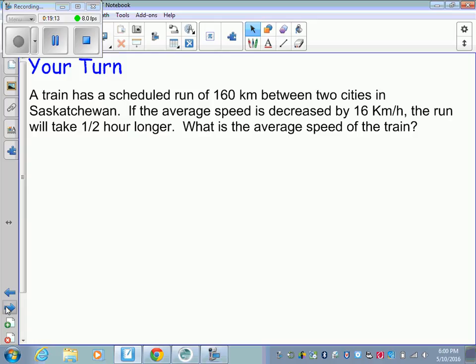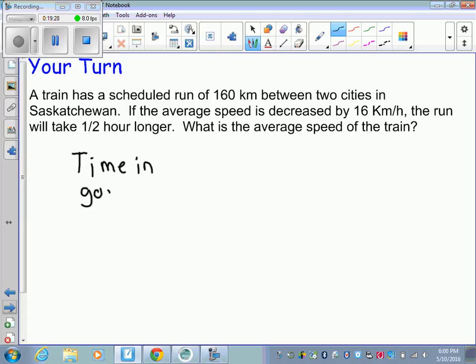So, in other words, how would I write that in words, first of all? So, time in good weather, it doesn't say if that's the reason, but I'll go with that.